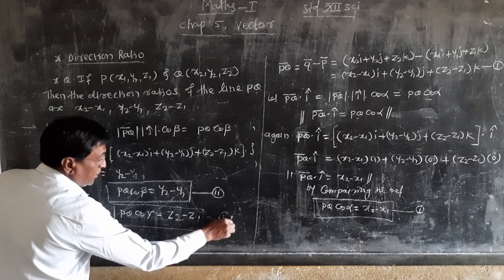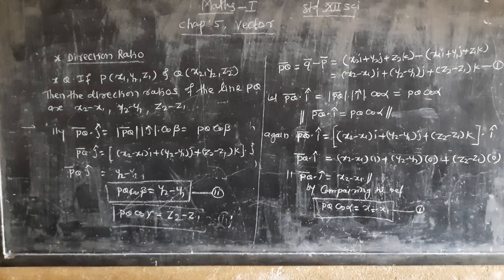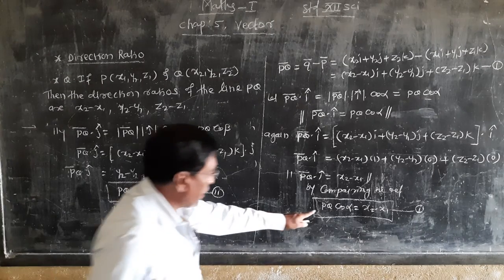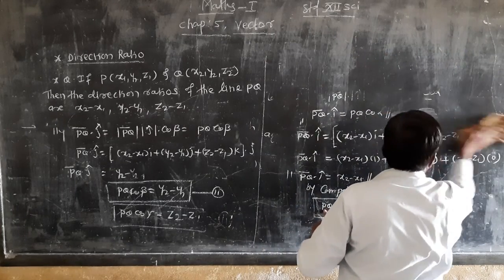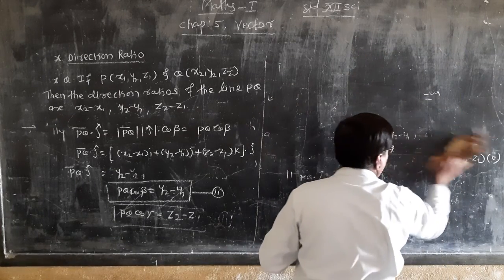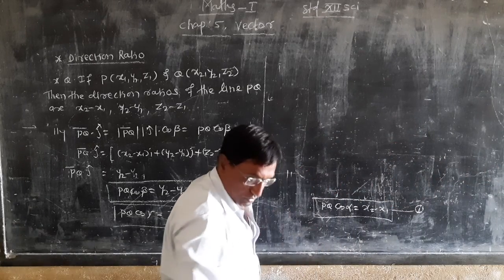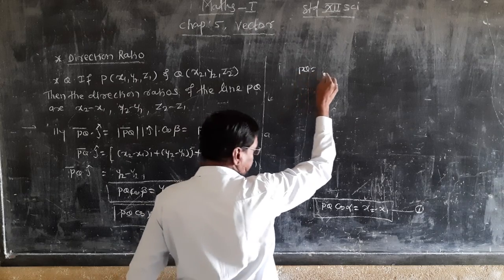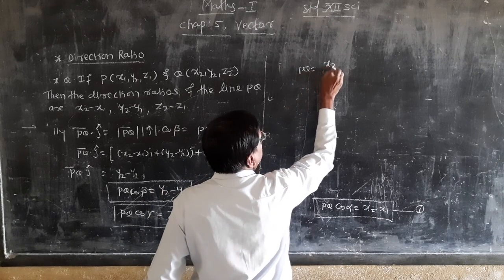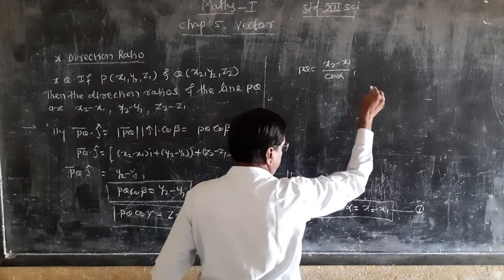After this, calculate the value of PQ bar from equation first. From the equation first, PQ bar is equal to x2 minus x1 upon cos alpha.